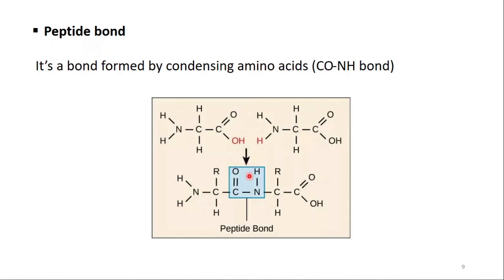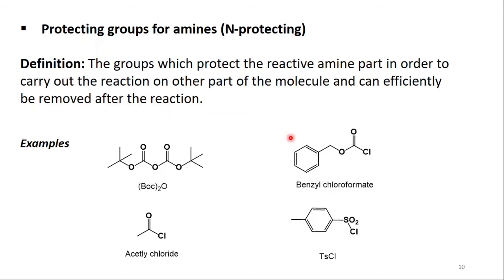This removal of water is not that easy the way it is written here, because you can't just synthesize a peptide bond by mixing these two amino acids. So we have to follow some steps. That's why we need protecting groups for amines and acids. There are different types of protecting groups. What are protecting groups?